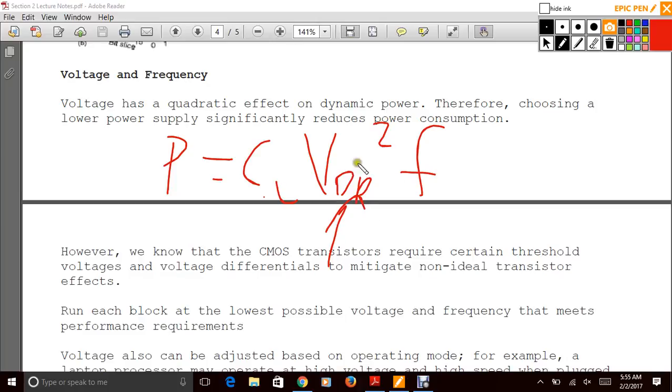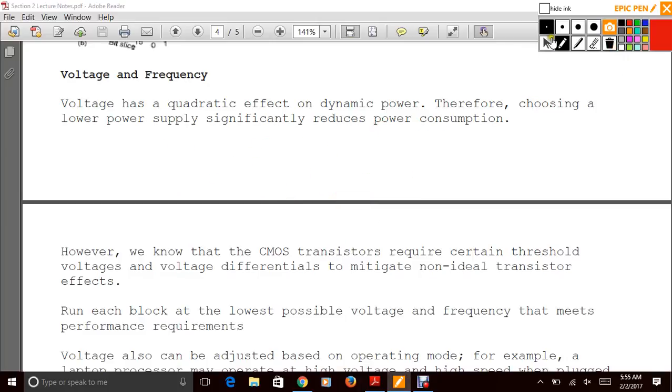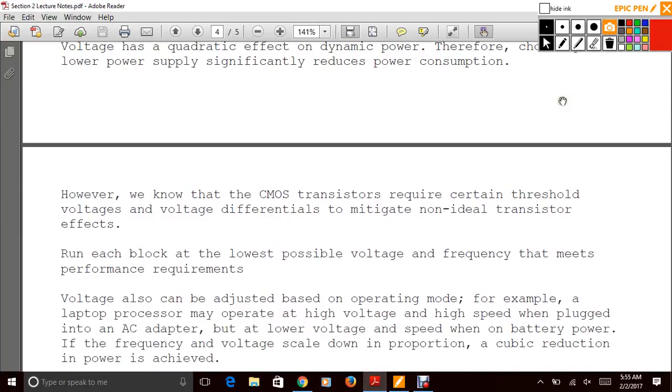As I alluded to a little bit ago, reducing power consumption through the supply voltage is problematic because we require certain threshold voltages in order to make the switch occur in the transistor and to mitigate non-ideal transistor effects. So what we have to do is calculate the lowest possible voltage for each block that meets the performance requirements.